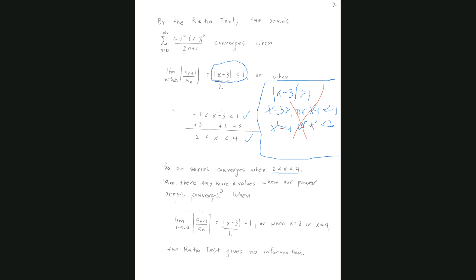So now we have to test for when x is equal to 2 or 4. And again, the reason is because for those values, the common ratio equals 1. And so the ratio test gives no information there.